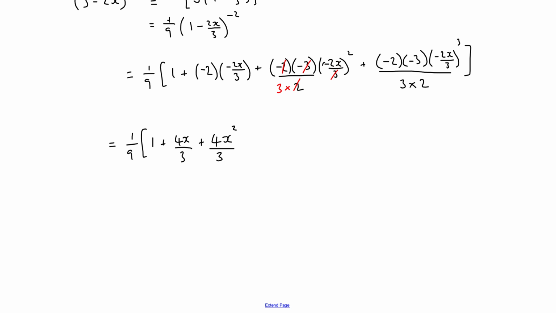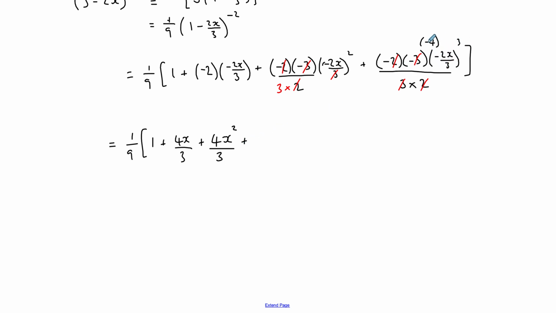The next term is going to be, oh, I made another mistake. I need a -4 in there. N times n minus 1 times n minus 2. I was worried about the cancelling. That 3 can cancel with that 3. That 2 can cancel with that 2. This term will be positive as well, because this bracket is going to be negative.